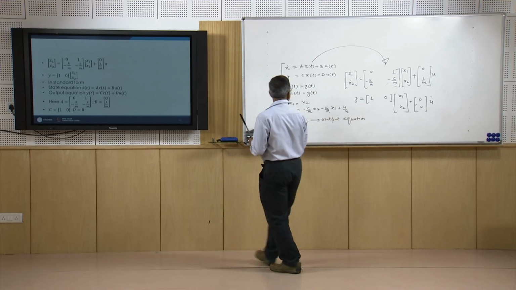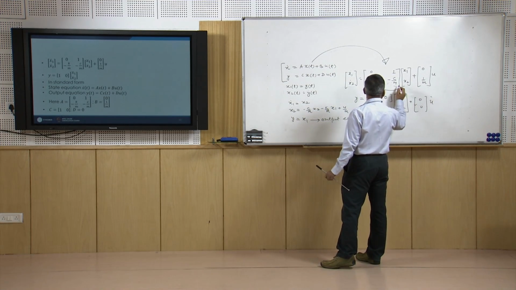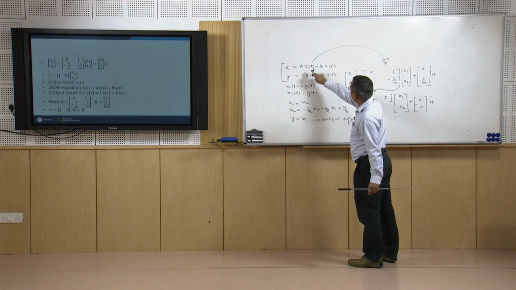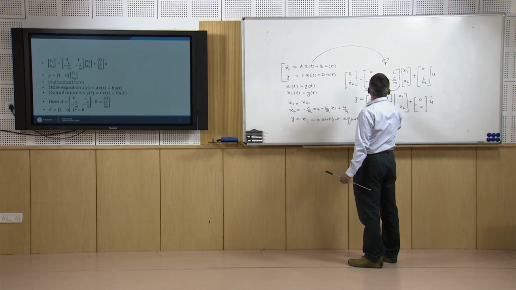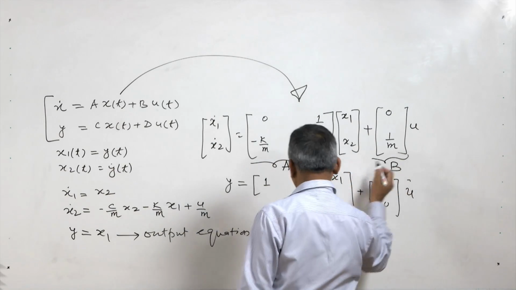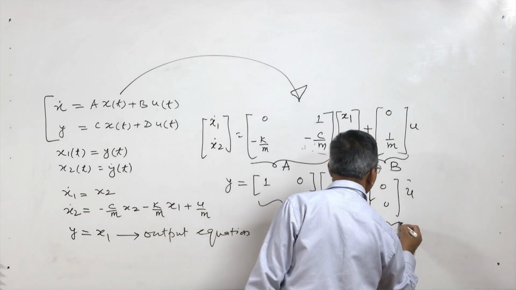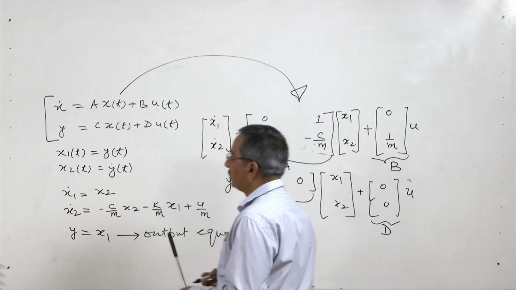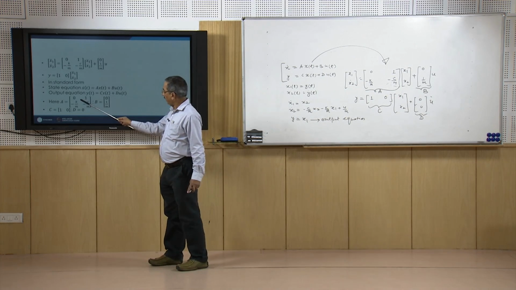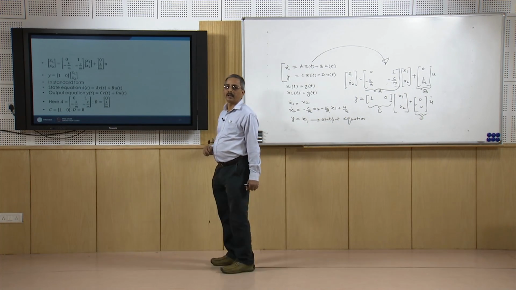Here you see that the matrix which is being multiplied with the state vector is your A matrix, this matrix is your B matrix, this matrix is your C matrix, and this matrix is your D matrix. This way we can identify the A, B, C and D matrices.